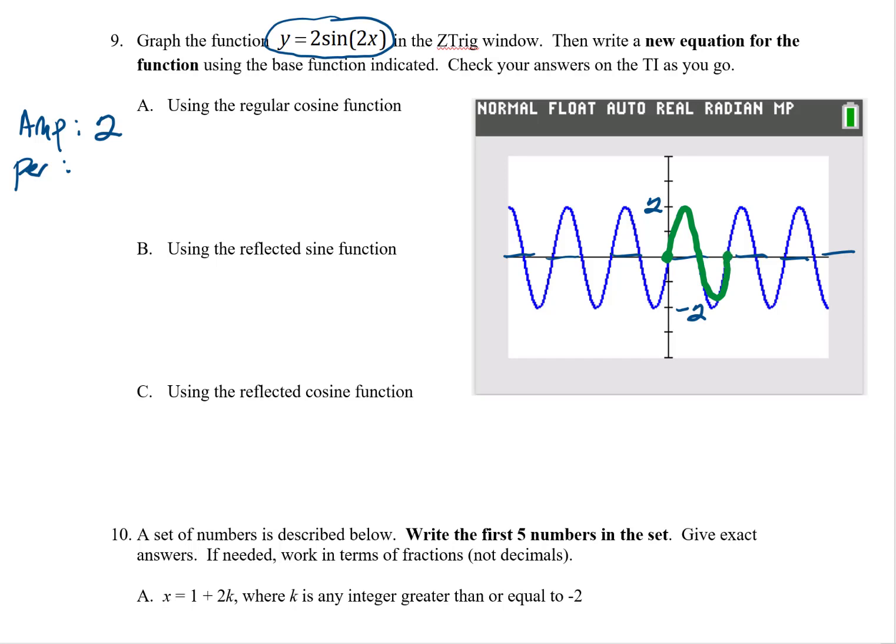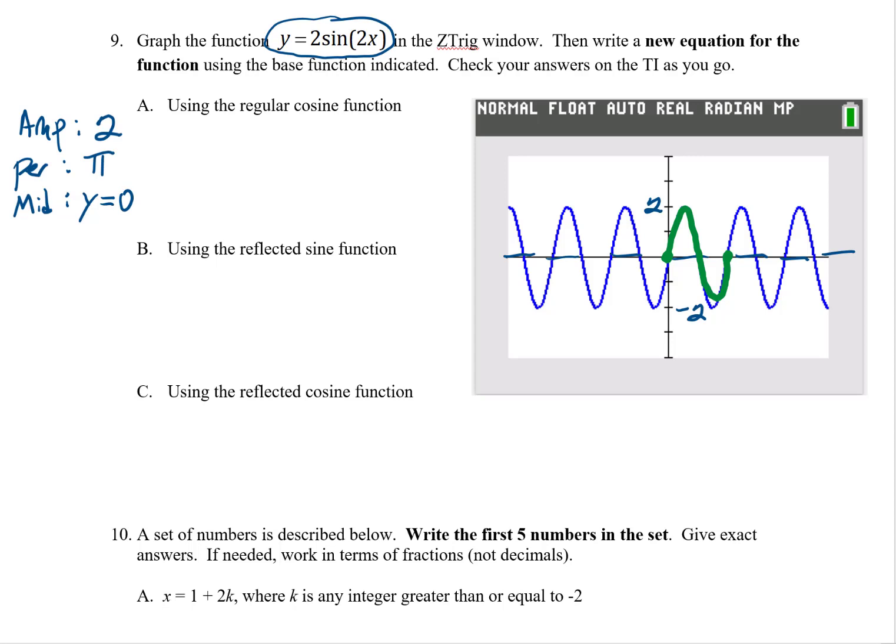It looks like it ends right here. That would be the second tick mark. Remember, those tick marks are kind of covered up, so pi over 2 and then pi, so the period would be pi. And the midline, we said, is the x-axis, which has the equation y equals 0.